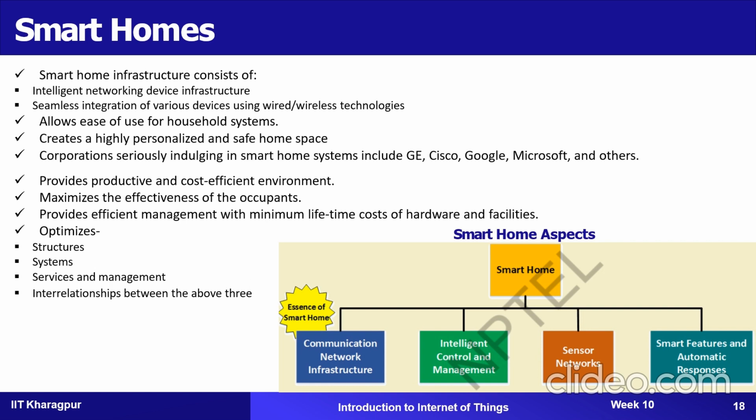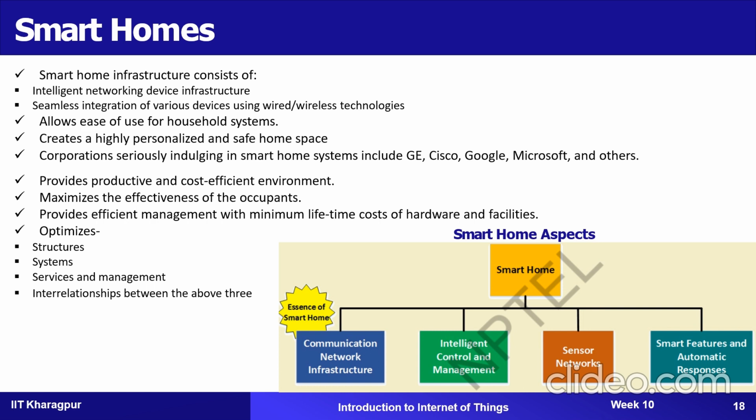The next topic is your smart home. So smart home infrastructure consists of intelligent network devices infrastructure which are seamless integration of various devices using wired and wireless technologies. So basically smart homes allow easy use of household systems which creates a highly personalized and safe home space.